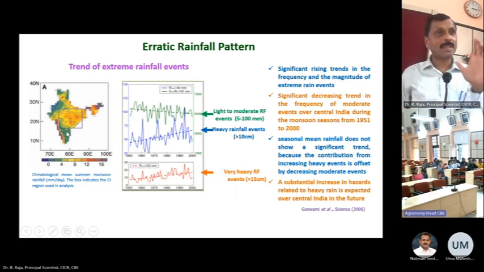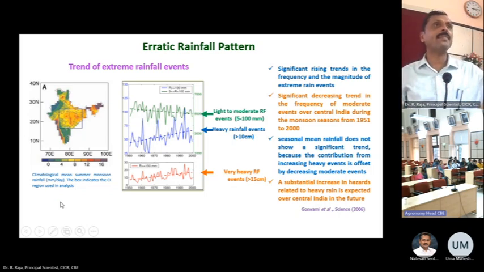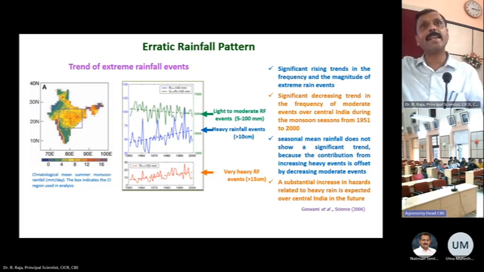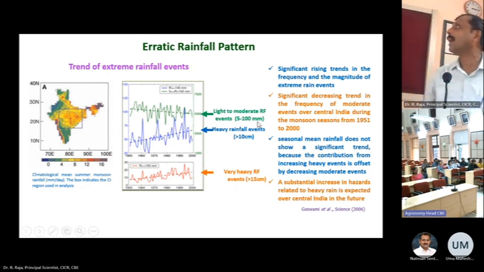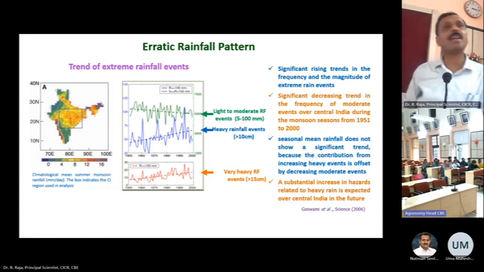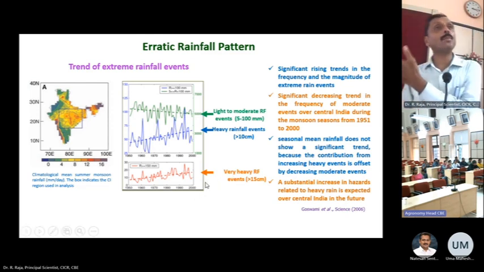They found that over a period of 50 years, from 1950 to 2000, the light to moderate rainfall events are significantly decreasing. Means those very optimal for crop production, maybe 10 mm, 20 mm, up to 100 mm, the moderate rainfall events are coming down, whereas the heavy rainfall events, more than 100 mm, are significantly increasing. And very heavy rainfall, more than 150 mm, is also significantly increasing.